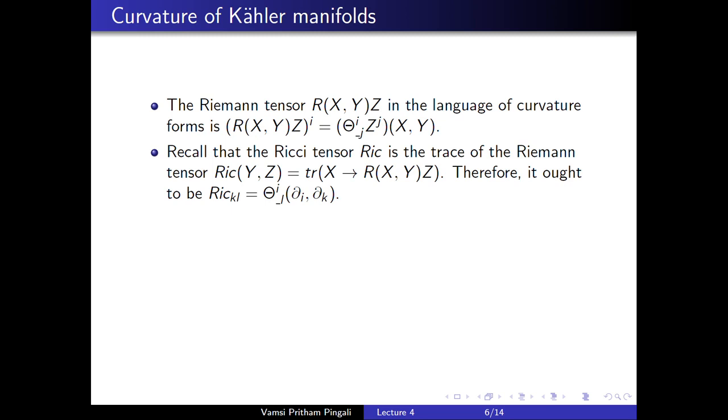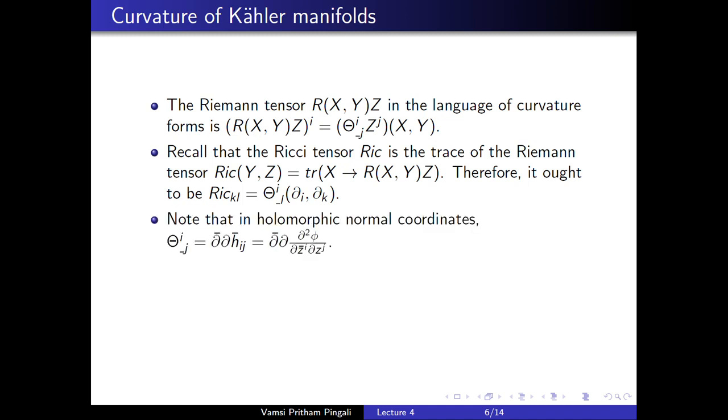What that means actually is Ricci acting on the partial derivative with respect to k and partial derivative with respect to L, these two vector fields, is simply given by theta IL, partial I, partial k. That's just when I write an I here, there are two i's, right? You're summing over the two i's. I'm using Einstein summation. So in holomorphic normal coordinates, notice what is the expression for the curvature?